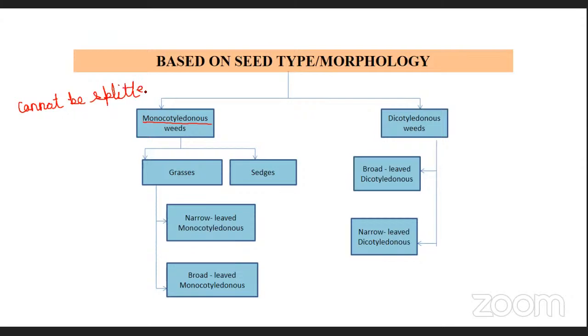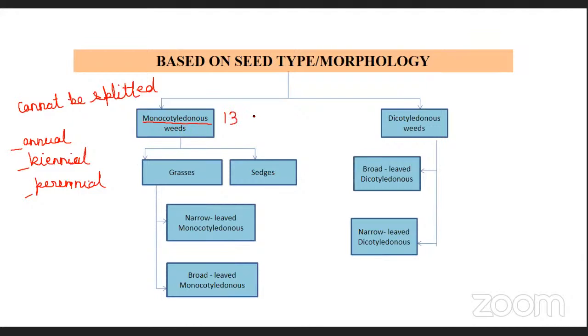In monocotyledons, whatever weeds there are can be annual, biennial, and perennial. There is no such criterion that monocotyledons can't be annual or biennial or perennial.